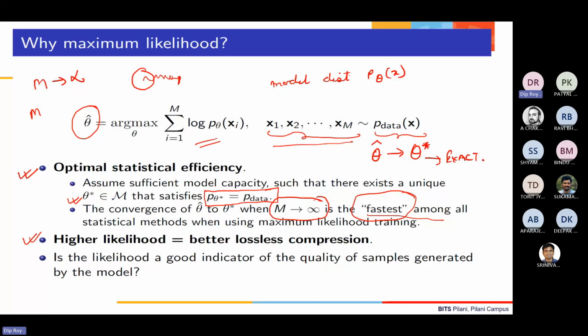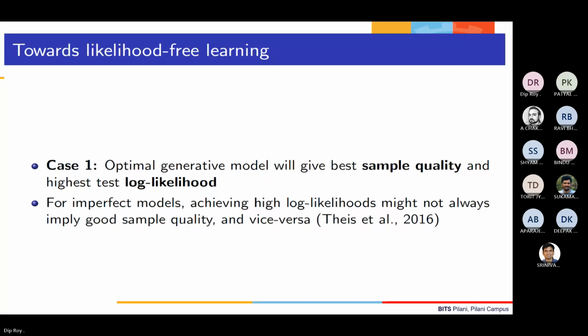Okay. Now, let's try to answer this particular question. Case one is that the optimal generative model will give the best sample quality and the highest log likelihood.